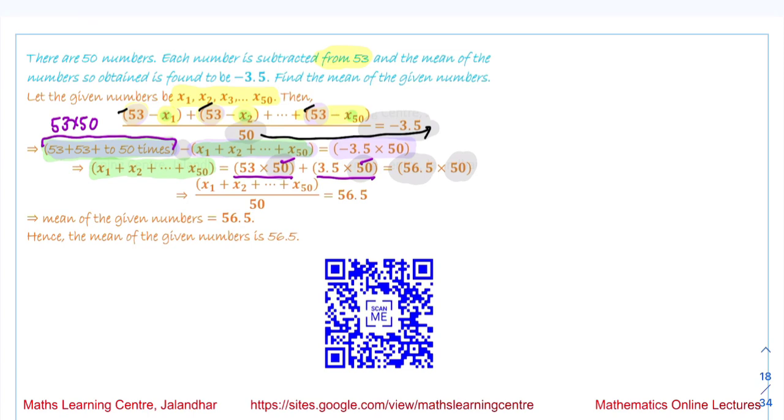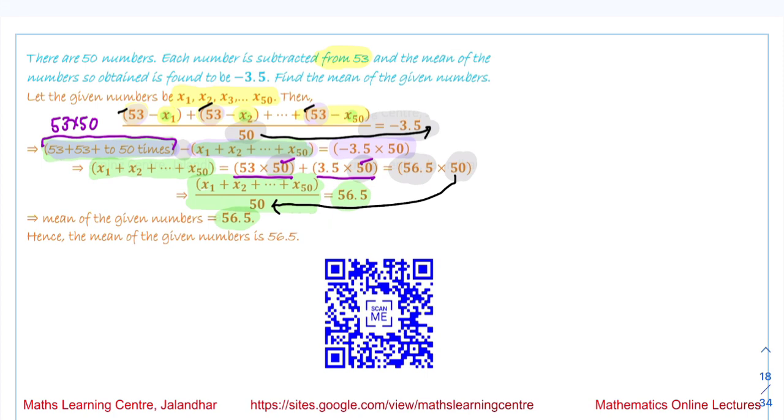And this 50 again we have moved to the denominator, and we get x1 plus x2 plus x3 so on up to x50 over 50, equal to 56.5. So the mean of the given numbers is 56.5.